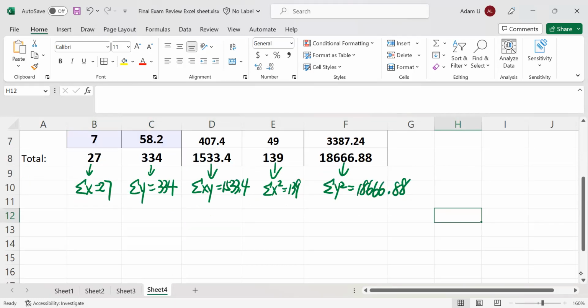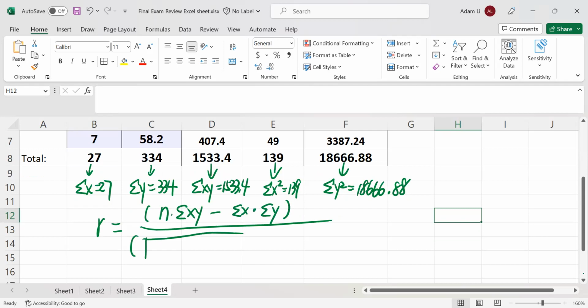Same formula, our formula equal to n times total of xy minus total of x times total of y. That's the numerator. The denominator: first square root is n times total of x squared minus total of x, squared. The second one is n times total of y squared minus total of y, squared.